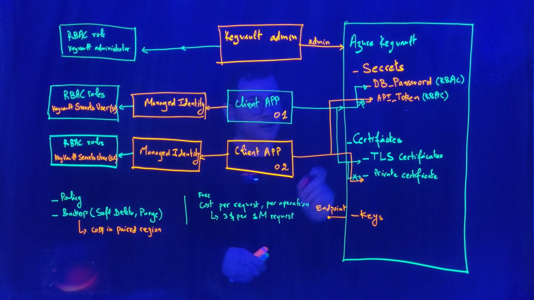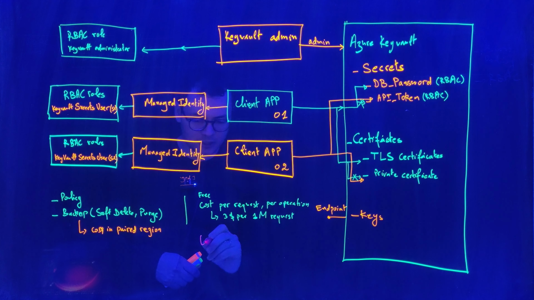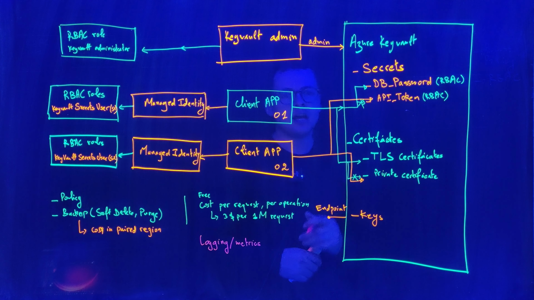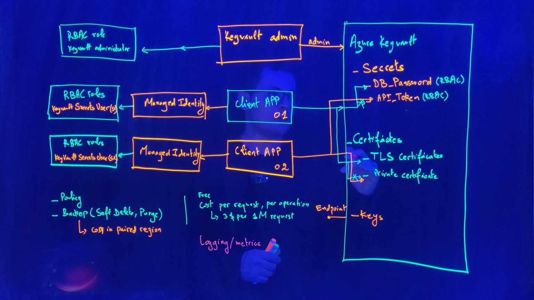Another aspect for Azure Key Vault is logging and metrics. For logging and metrics, we can use Azure Log Analytics and enable it within the diagnostic settings pane inside the Azure portal, and request some data, logs, and metrics about the secrets.